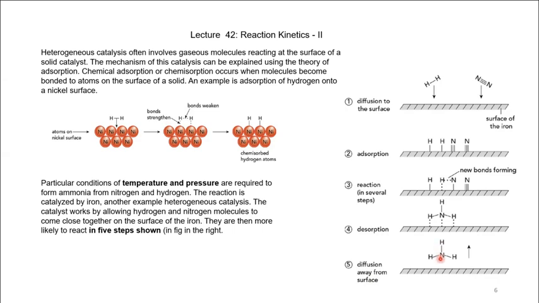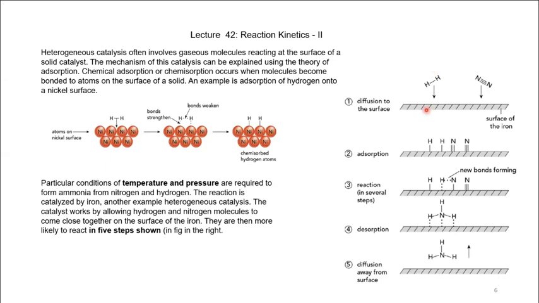This is how we industrially produce ammonia. This is a very important reaction, and with this we will finish reaction kinetics in detail, which is in the syllabus of AS and A level.